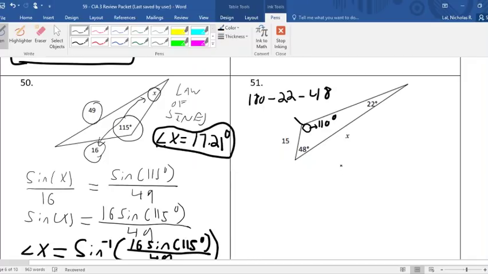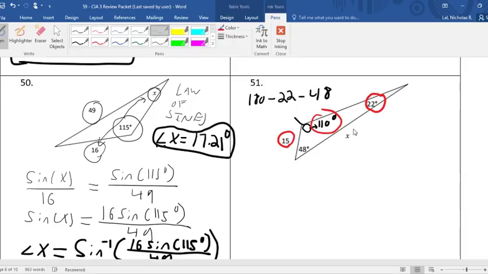Now we know this angle is 110 degrees. We have our side and the angle opposite of it, and we also have the angle opposite the side we need to find.